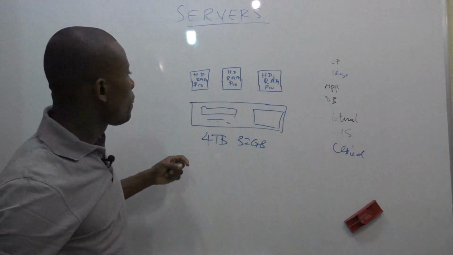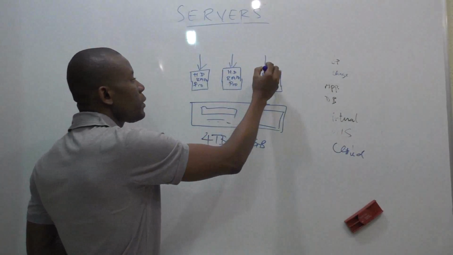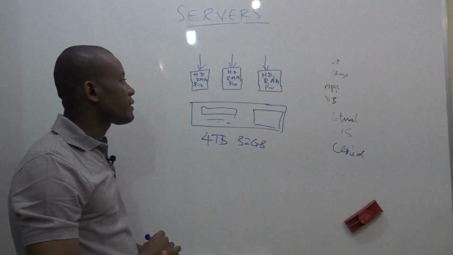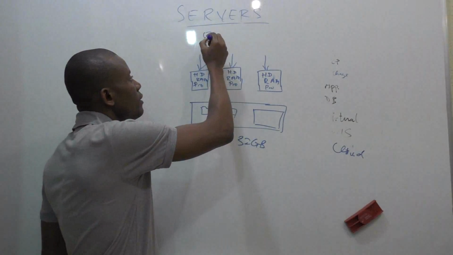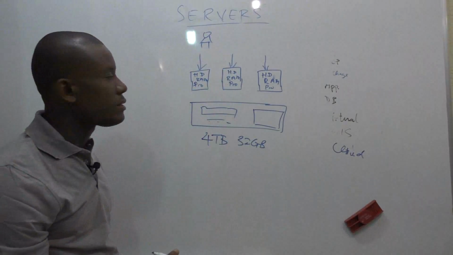Okay, so now these are servers, but they are not real physical servers. They are virtual servers. But a user somewhere here will be seeing them as if they are physical servers.